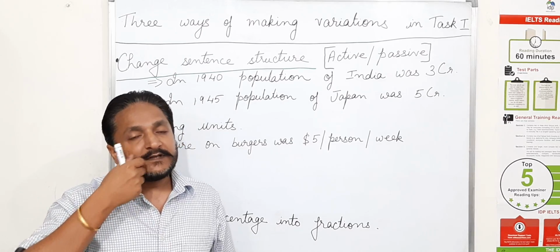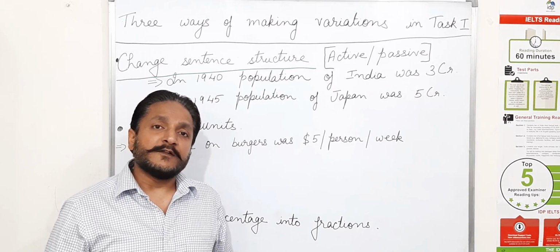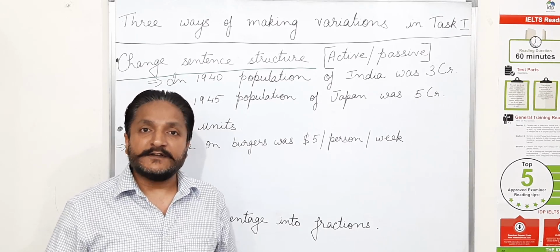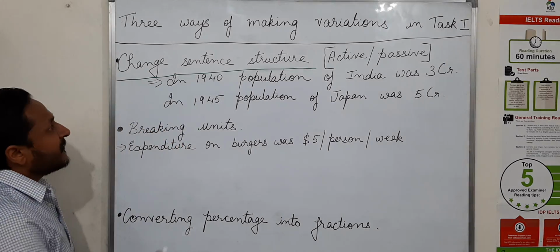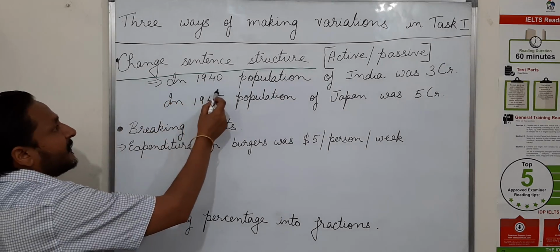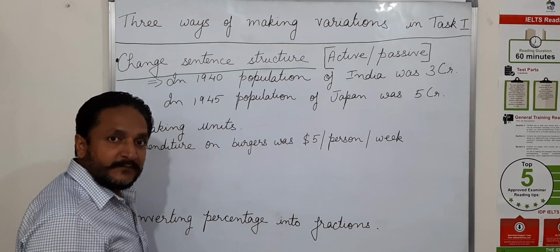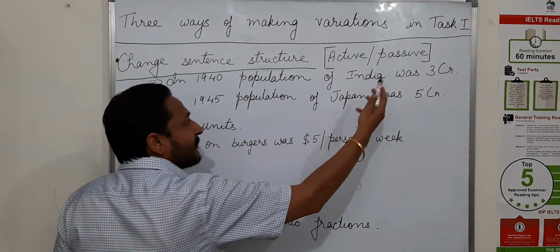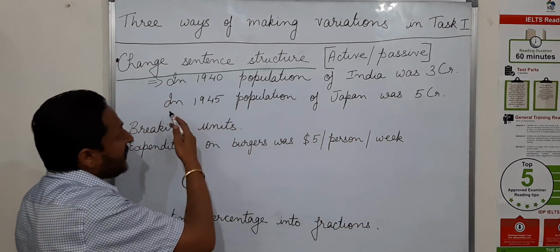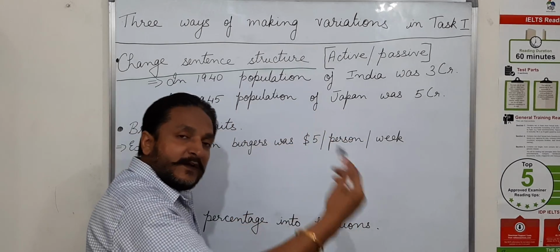For example, the task 1 which we are explaining, the graph is about the population of different countries. And the first sentence we wrote was, in 1940, population of India was 3 crores. Then we say in 1945, population of Japan was 5 crores. In 1950, population of Pakistan was 1 crore.